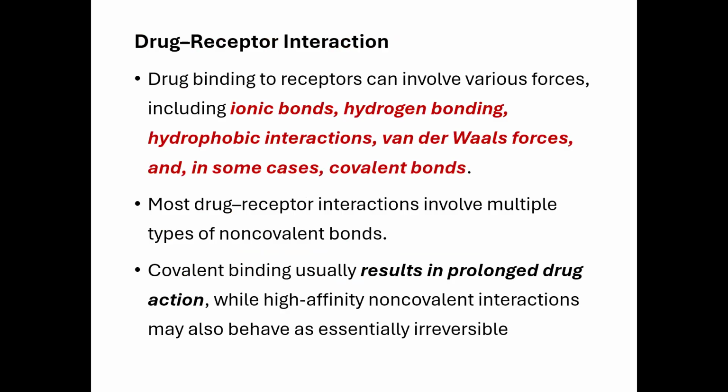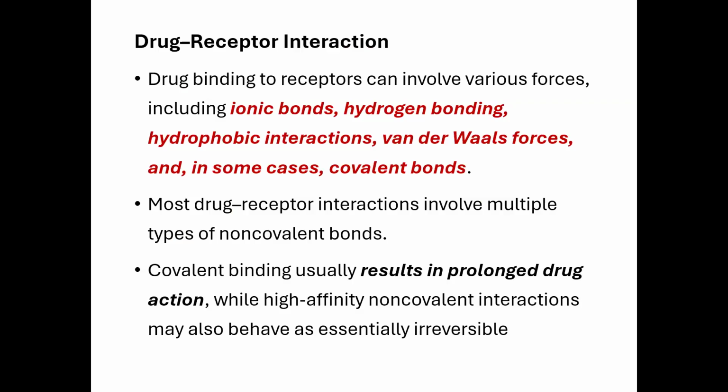Drug receptor interactions: when a drug interacts with a receptor, it forms a bond. Those bonds can be ionic, hydrogen bonds, weak van der Waals forces, hydrophobic interactions, or even covalent bonds, which are really strong bonds. That's why you see some of these reactions are irreversible.